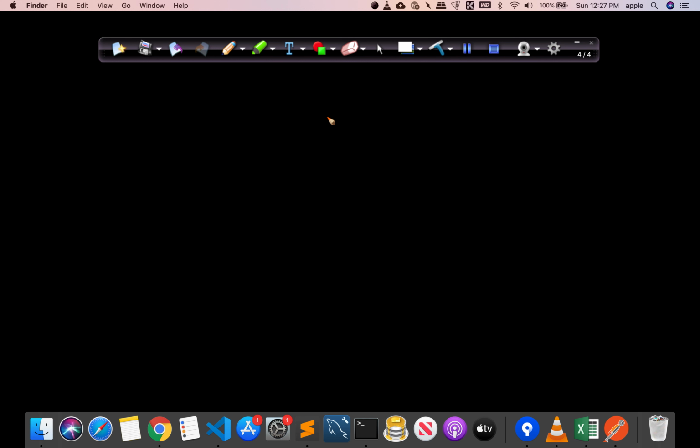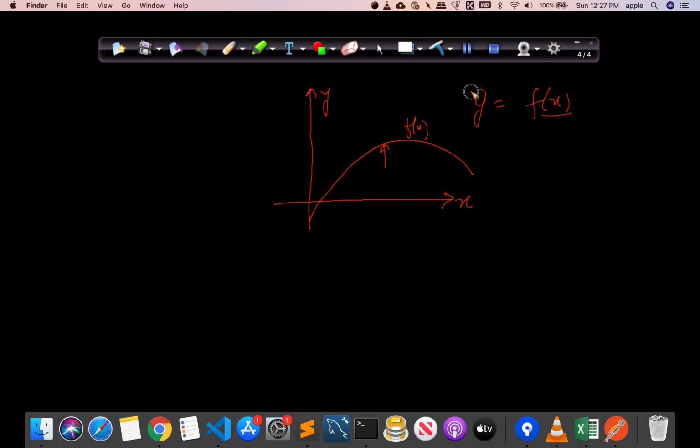For example, suppose this is the function, and we want to know the rate at which this function is changing its value provided x. So this is x, this is y, so y will be f(x). Means we will pass a value of x into this function, and this will give us a value of y.